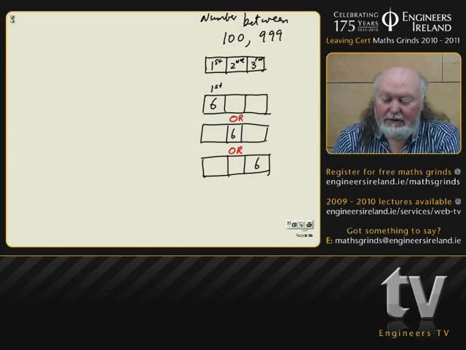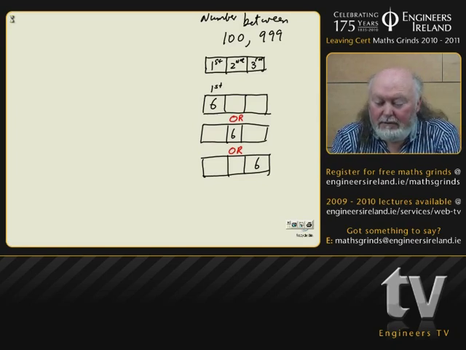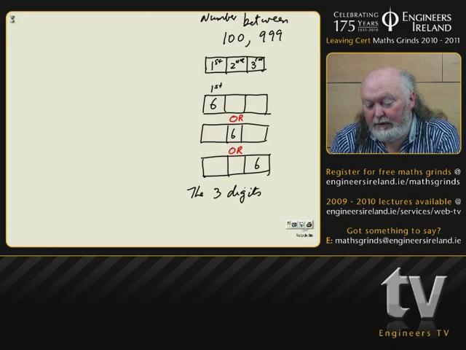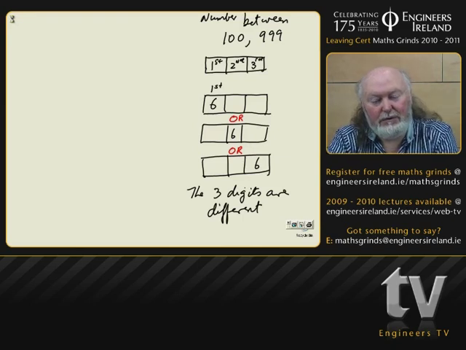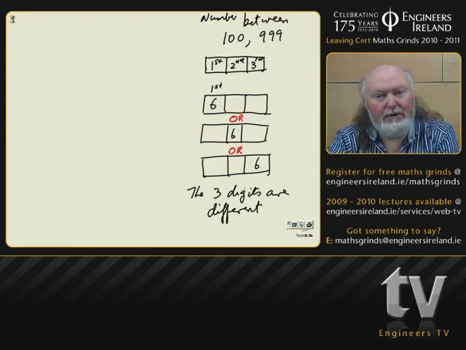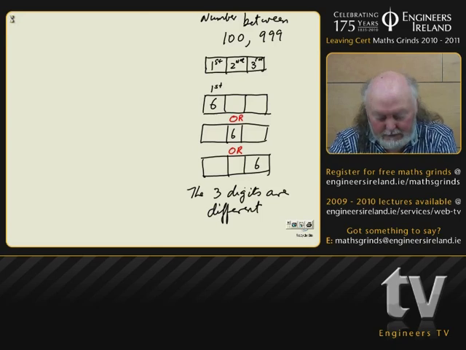The other thing we're told is the 3 digits are different. That's the same as saying once we've used a digit, we don't put back that number into the pile again that we're picking from.